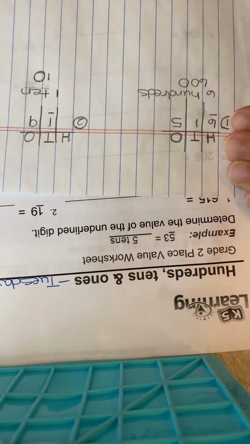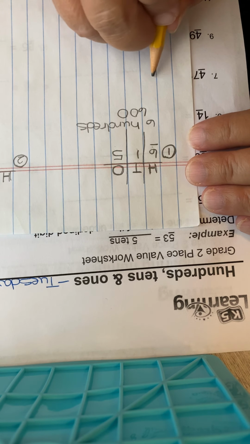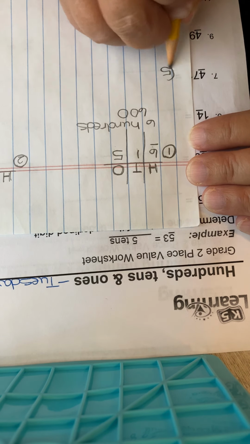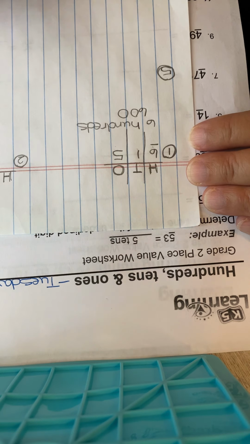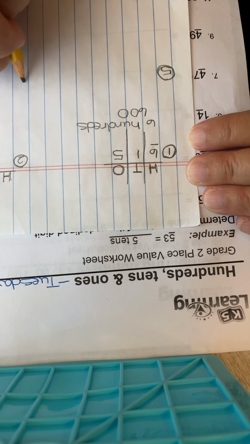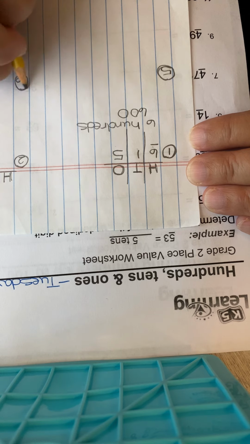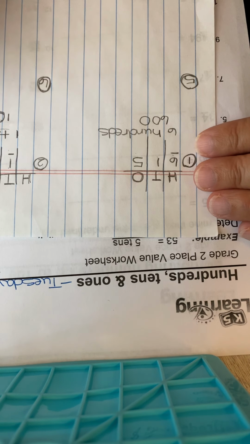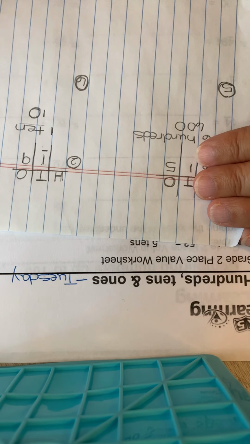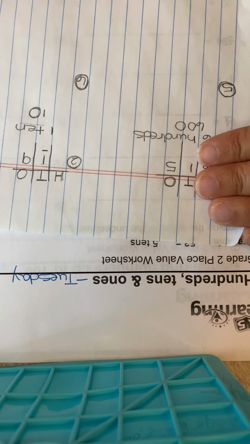And make sure you write like number 5 and draw a circle around it because you're going to show this to me. Then you're going to write number 6, draw your circle. Number 7, draw your circle. And number 8. And draw your circle, okay?